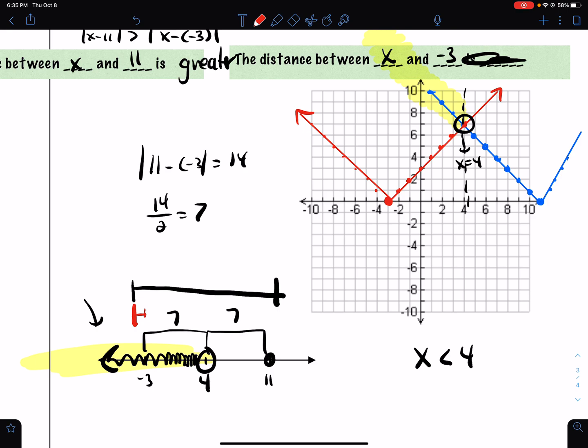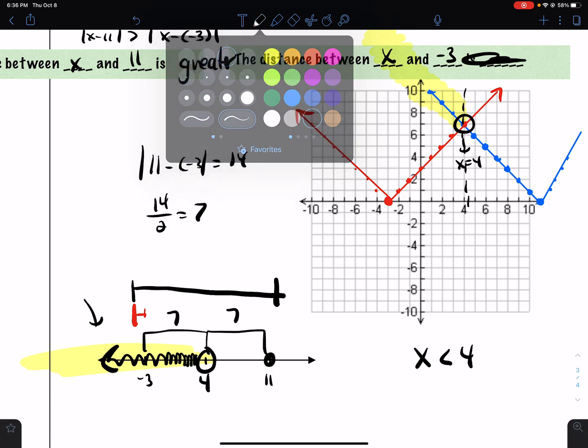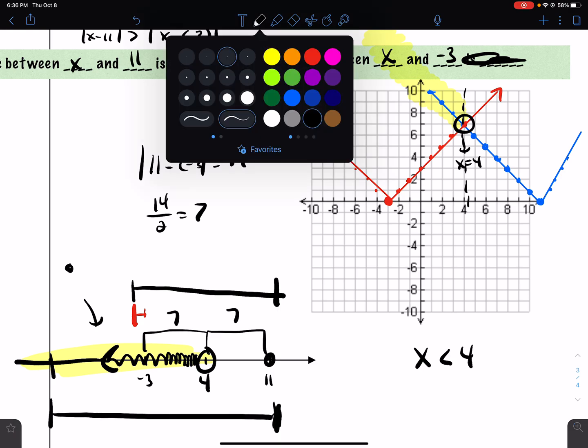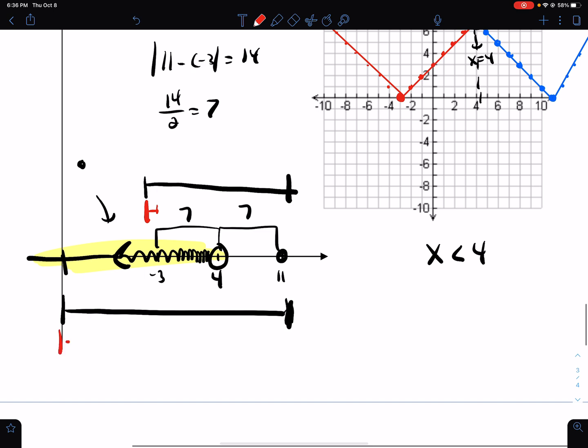It doesn't matter which one I choose, right? If I chose this number here, the distance between that and 11 is clearly going to be shorter than the distance to this and -3, because -3 is to the left, and I'm going to the left.